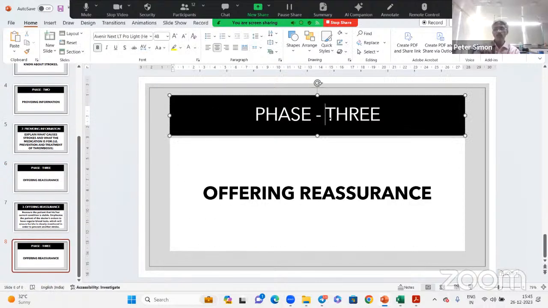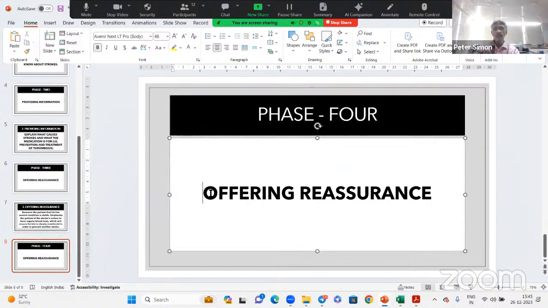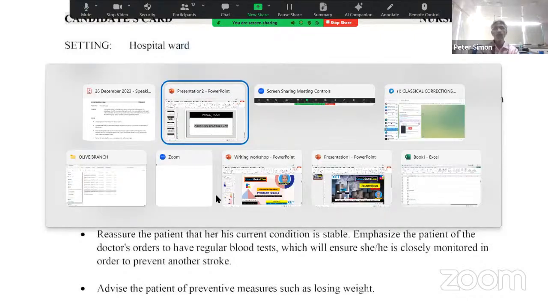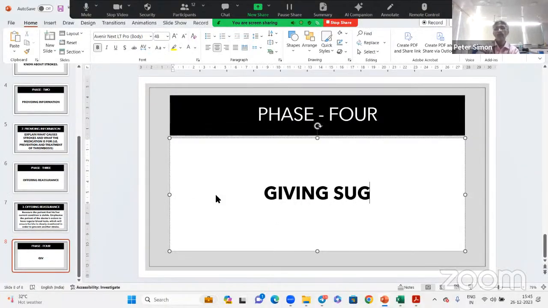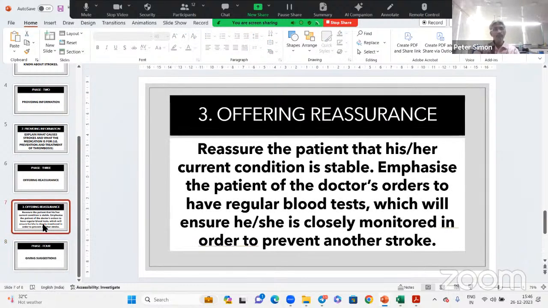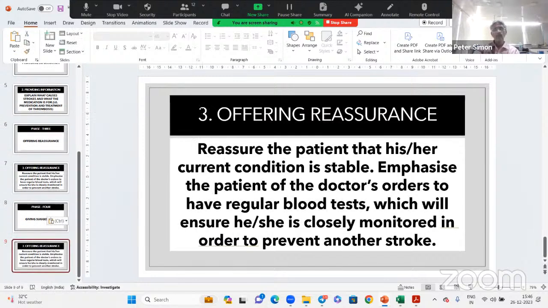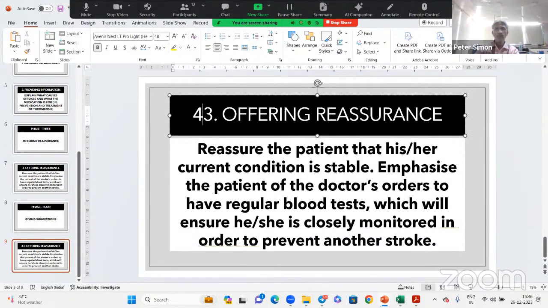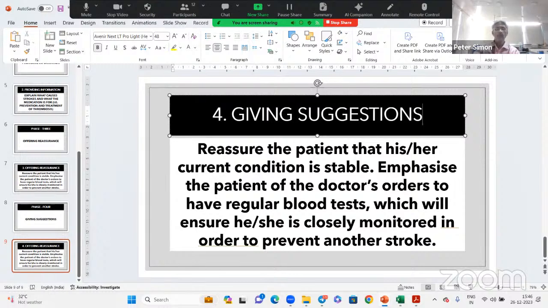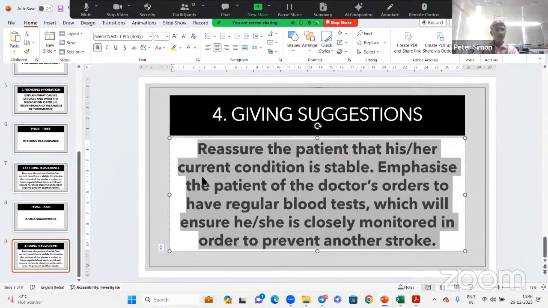Next, we have the fourth task, phase 4. Phase 4 is advice. So suggestions, giving suggestions.